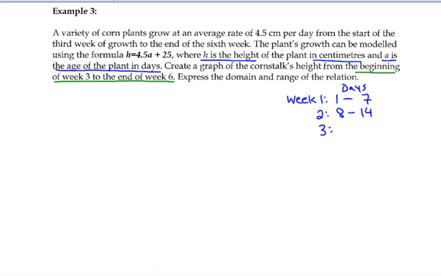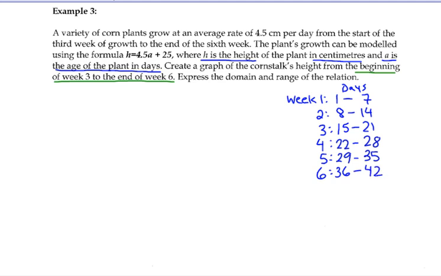Week 3 would be from 15 to 21, multiples of 7 here. Week 4 would be from 22 to 28. And week 5, add 7 to 28, 29 to 35. And week 6, from 36 to 42.